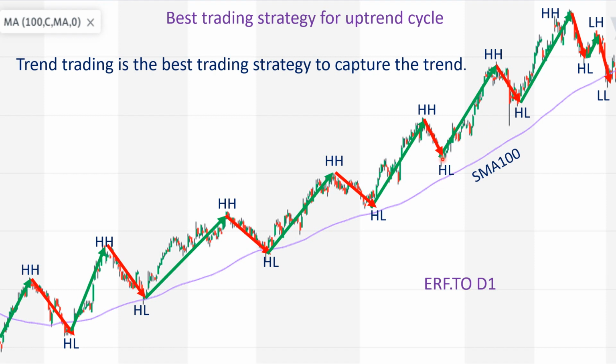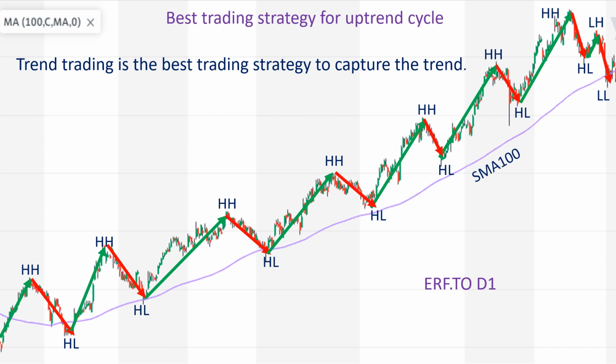So wait for the price to come to the market structure, and the next thing you have to do is use price rejection, price reversal, and formations to enter the trade. Here there are some formations like hammer, engulfing, or morning star, which show you that the price is going to reverse, so you enter the market.